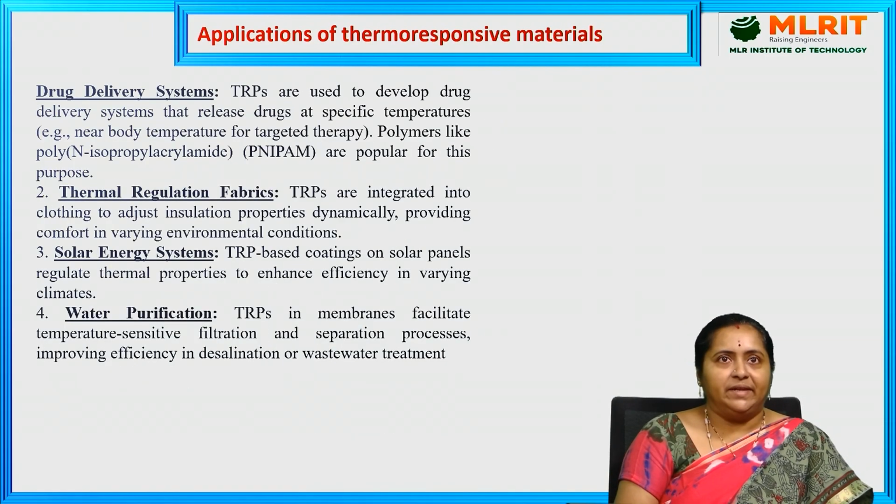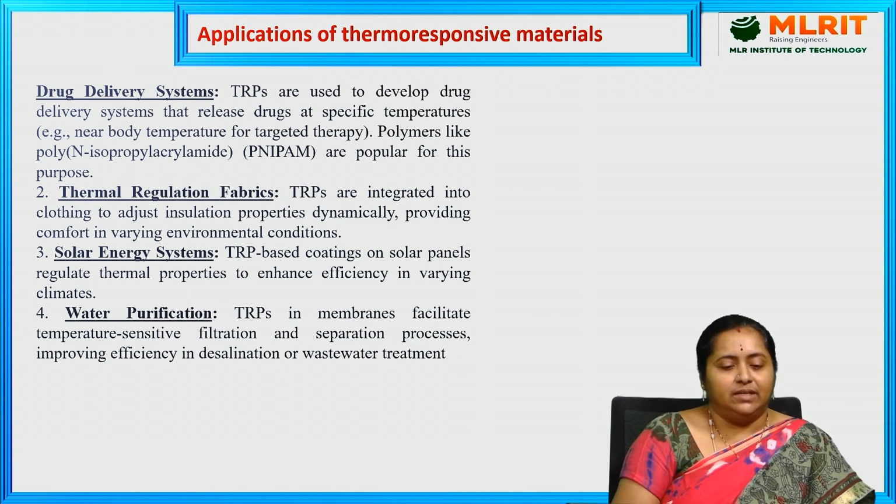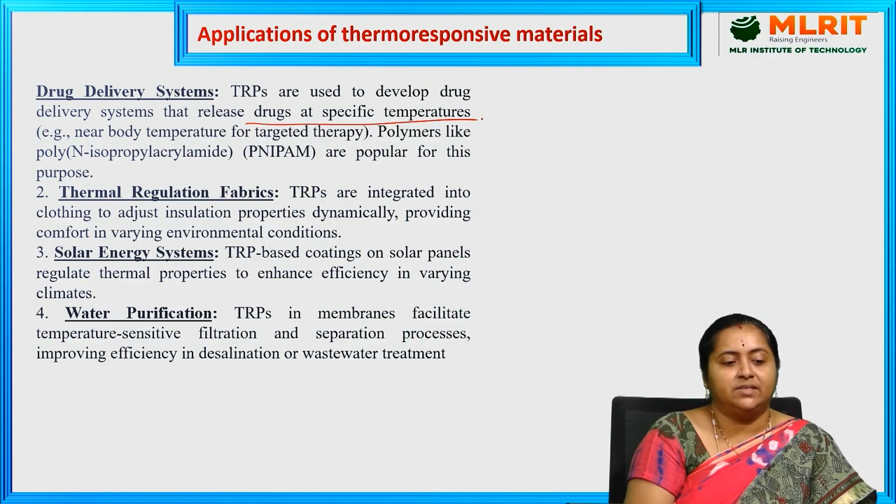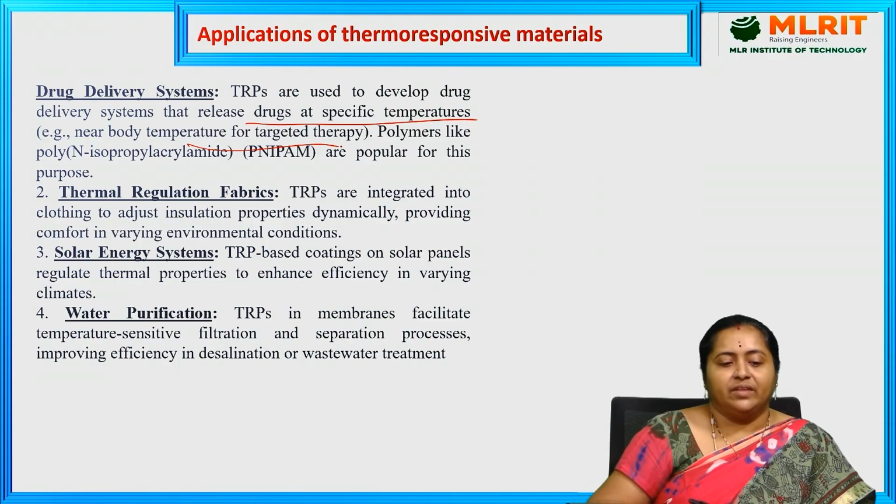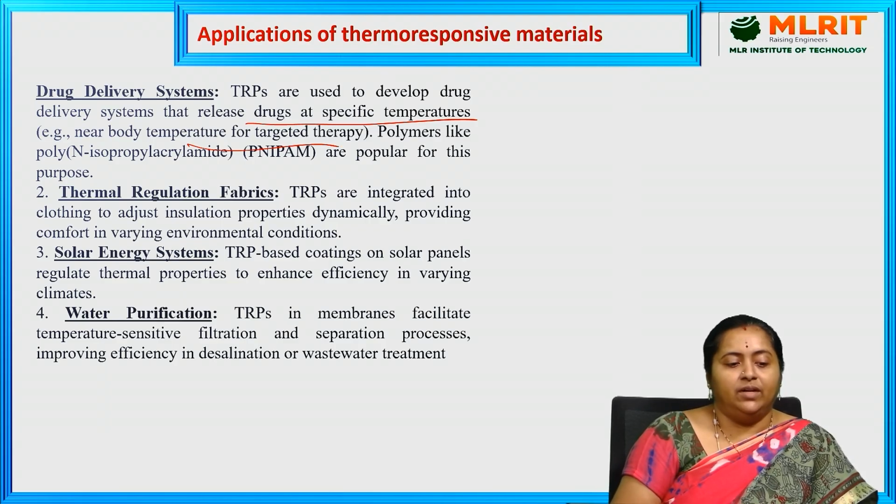What are its applications? In drug delivery systems it has a lot of applications, and it is used to develop a drug delivery system that releases drugs at specified temperatures, like near body temperature for targeted therapy. Polymers like poly N isopropyl acrylamide, that is PNIPAM, are popular for this, or we can say the best example for this type of drug delivery systems.